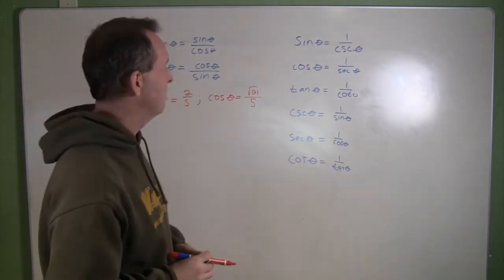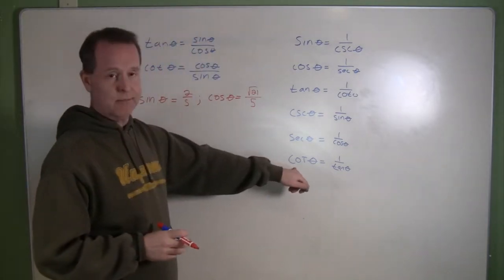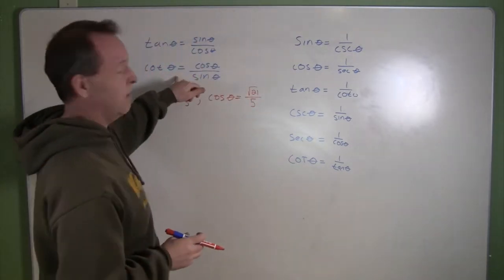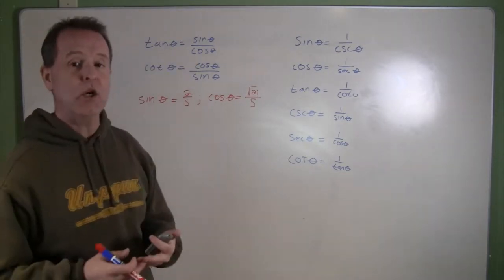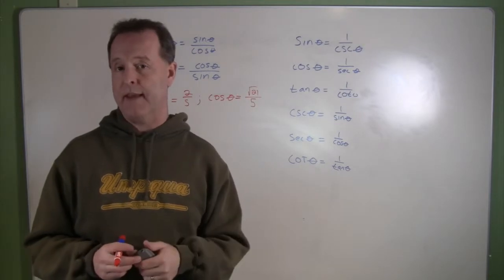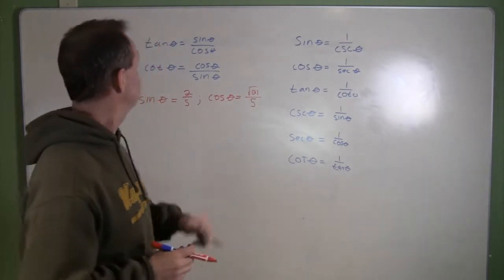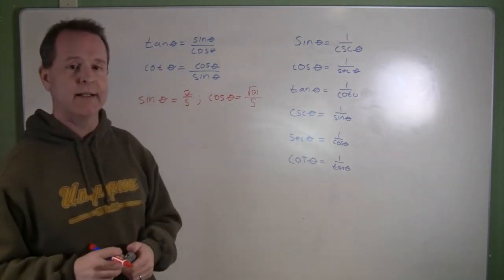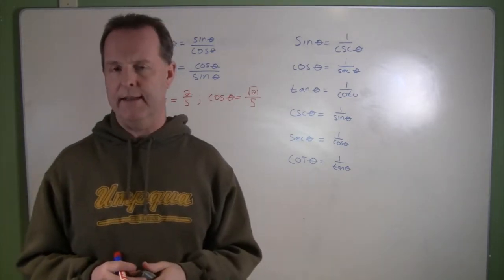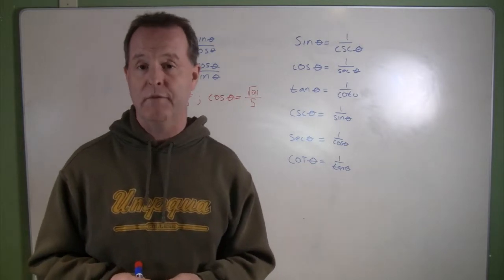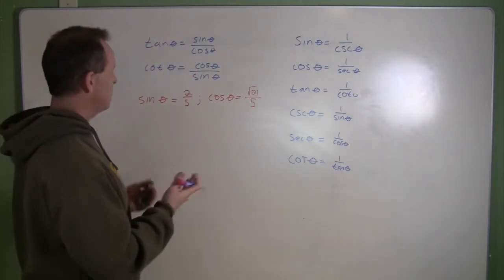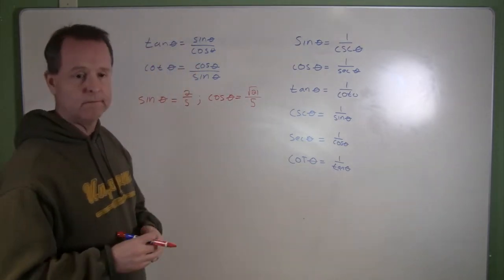Along with these reciprocal identities, I also have some quotient identities, where the tangent of theta is the ratio of sine theta over cosine theta. And then cotangent is just the reverse of that, cosine theta over sine theta. So those are some identities that we could find helpful. Let's look at how those may be helpful.